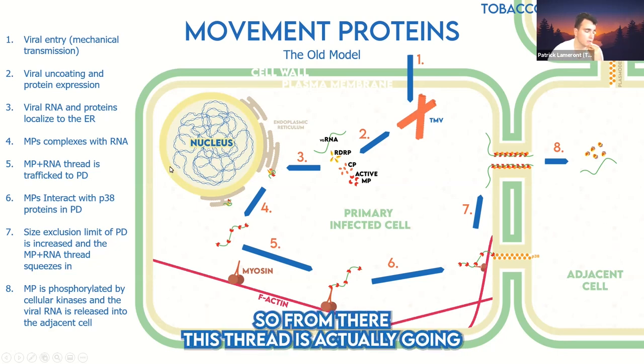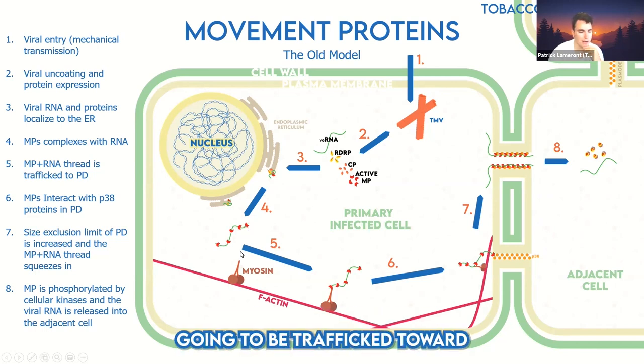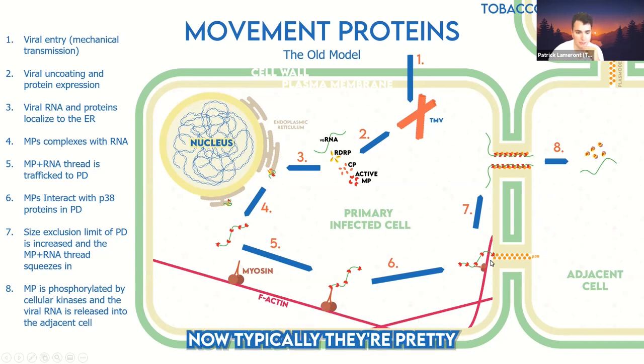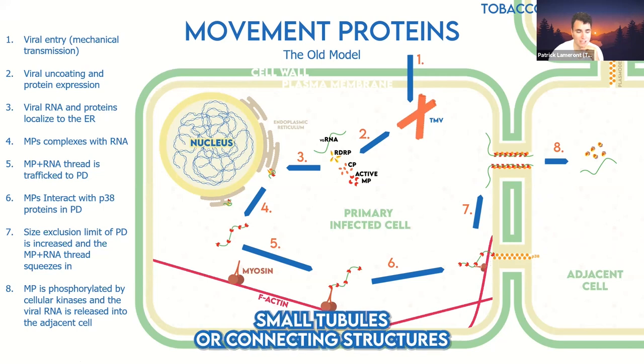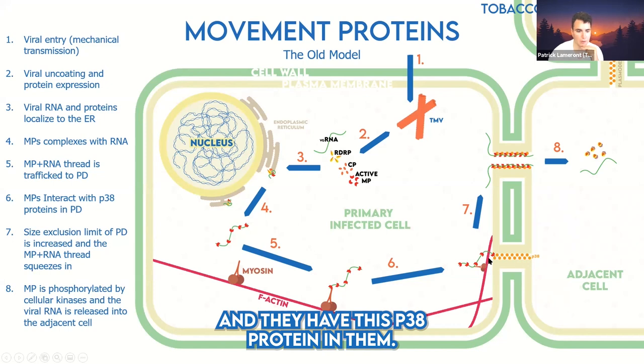So from there, this thread is actually going to be trafficked on actin strands, so the microtubule network of the cell, through these myosin motor proteins, and they're going to be trafficked toward these things called plasmodesmata. Now, typically they're pretty small tubules or connecting structures between two plant cells, and they have this p38 protein in them.